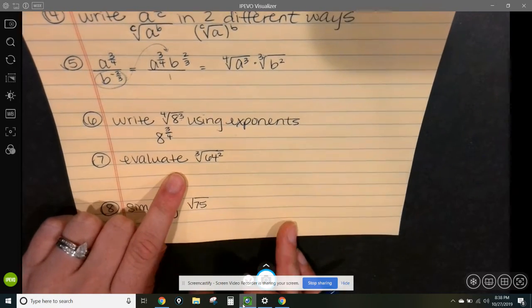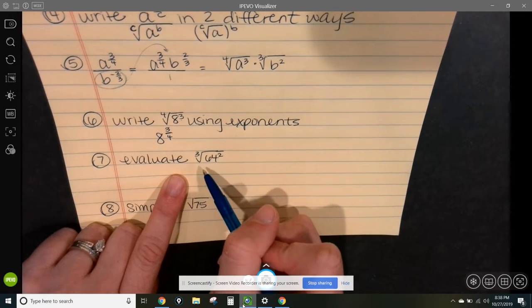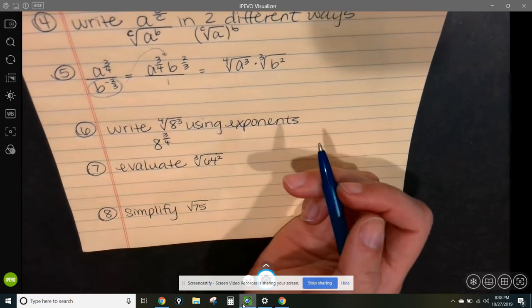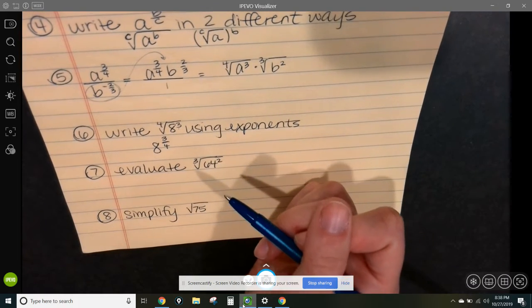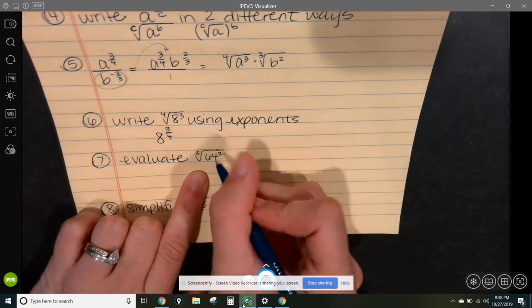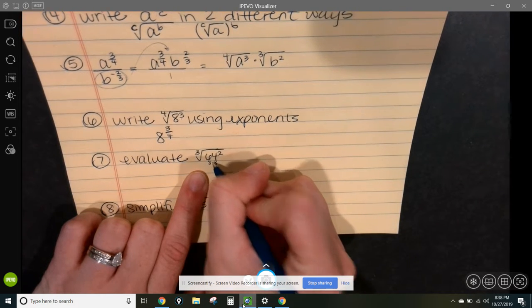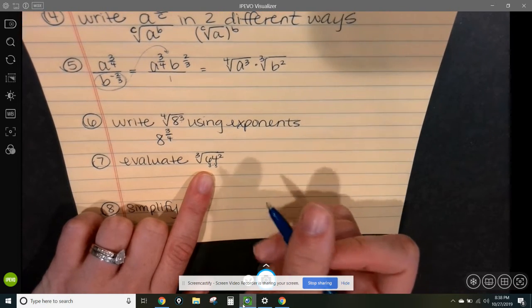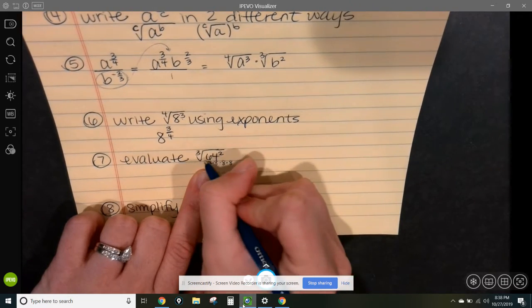Number 7, evaluate. Remember, evaluate means actually give an answer. So I have to actually give a number answer for this. So 64 squared, the cube root of 64 squared. So 64, I know, is 8 times 8. So if I'm doing 64 squared, I know that's going to be 8 times 8 and another 8 times 8.